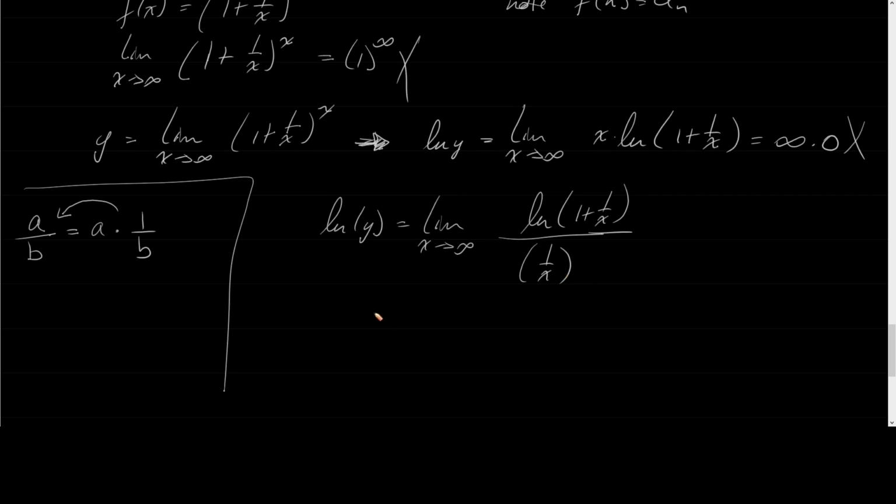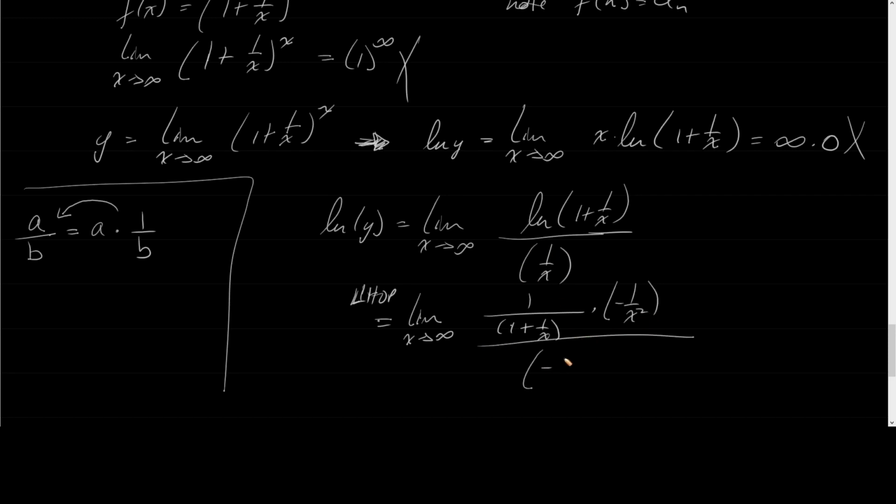However, now we can apply something called L'Hopital's rule, right? And as we apply L'Hopital's rule, what did it say? It said take the derivative of the top. So I have 1 over 1 plus 1 over x times negative 1 over x squared. And also take the derivative of the bottom, negative 1 over x squared.